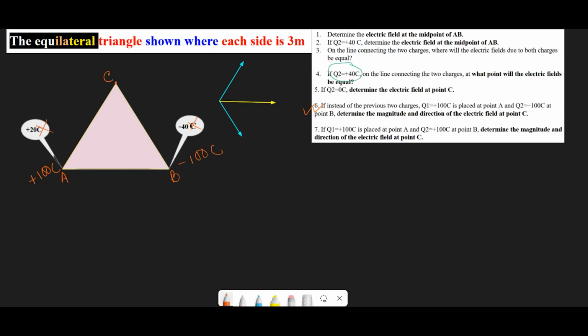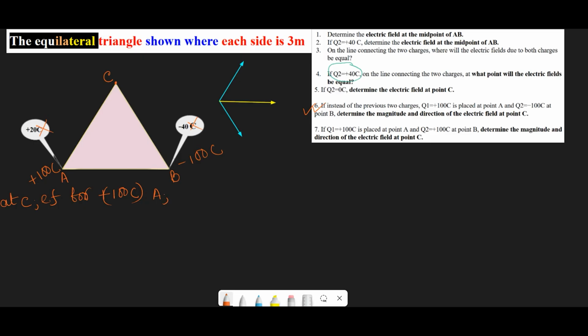So this is the point C. So electric field at C, electric field for positive 100 coulomb at A point, right?